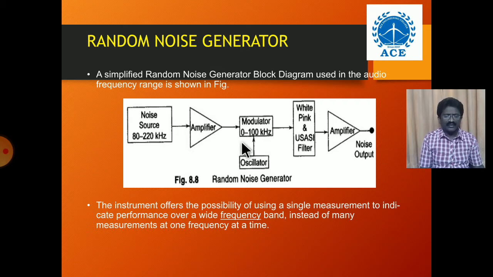The filter arrangement controls the bandwidth and supplies the output signal in three spectrum choices: white noise, pink noise, and Isasi noise.